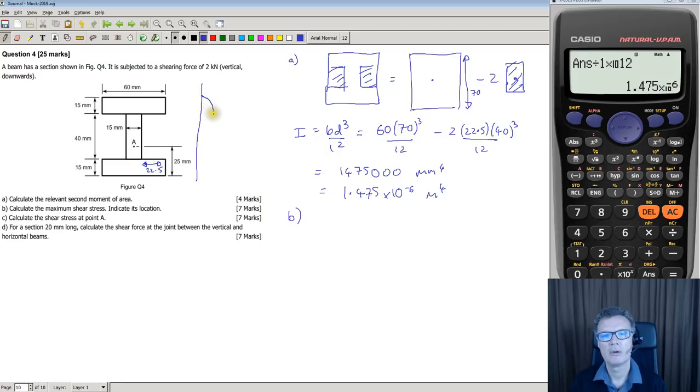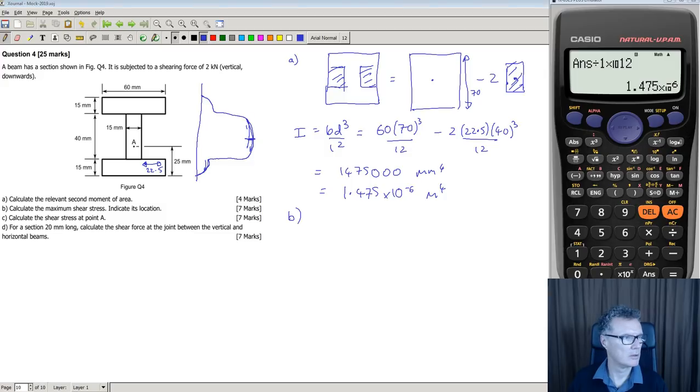Then the web will mean that it suddenly jumps up. We're going to get another kind of bend here, then it goes down, and it will be symmetrical, so that the maximum shear stress is in the middle.